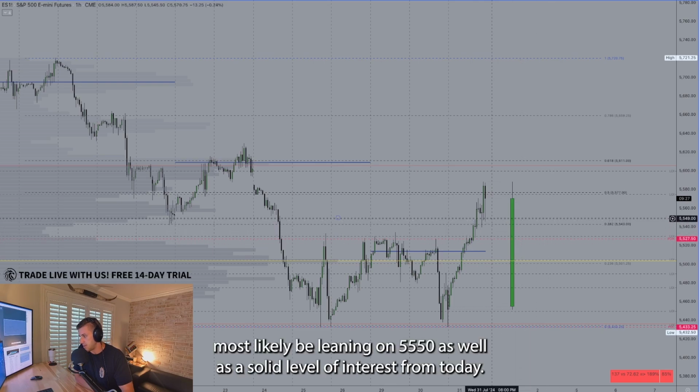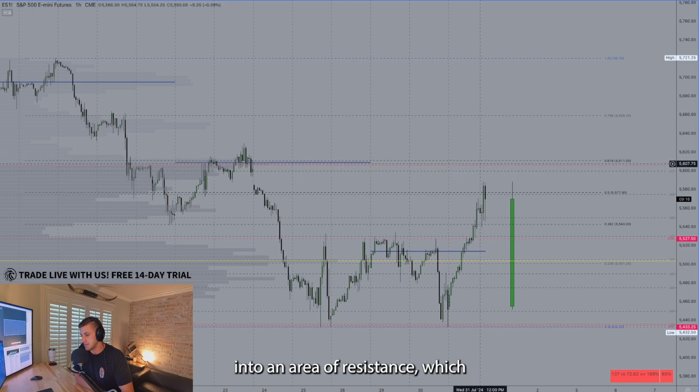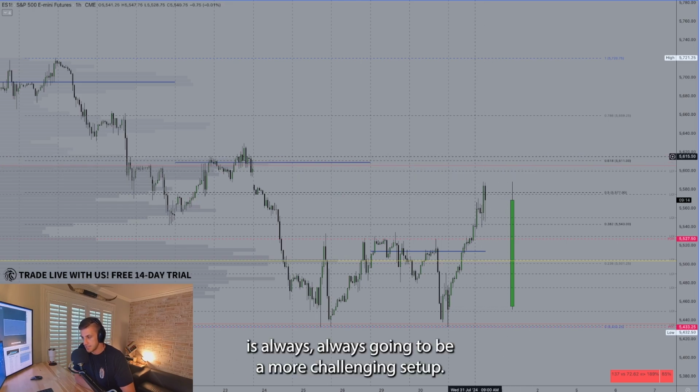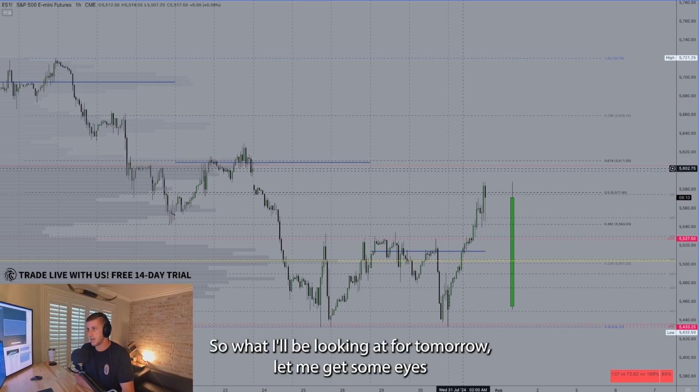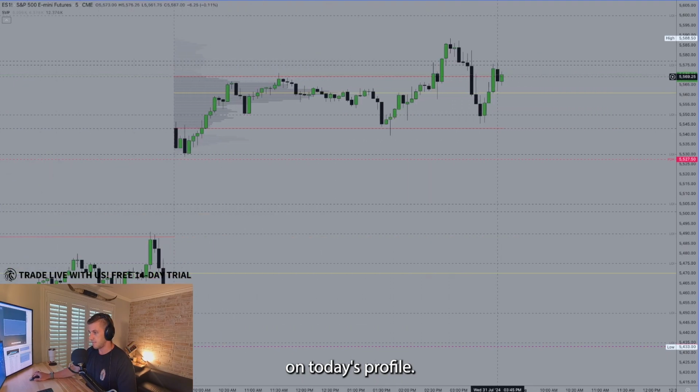And we could most likely be leaning on 55.50 as well as a solid level of interest from today. But the longs start to come pretty quickly into an area of resistance, which is always going to be a more challenging setup. So what I'll be looking at for tomorrow, let me get some eyes on today's profile.